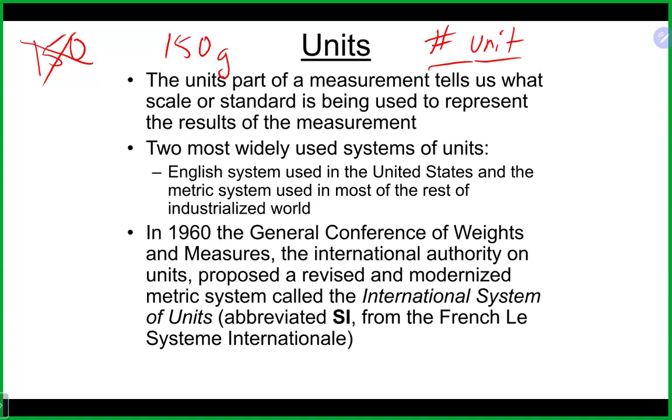So around 1960, they had a conference on weights and measures. Sounds like a lot of fun. And they came up with a standardized system of units, which is known as the SI system. And you'll see that a lot in chemistry. The SI unit for mass is this, or the SI unit for temperature is this.